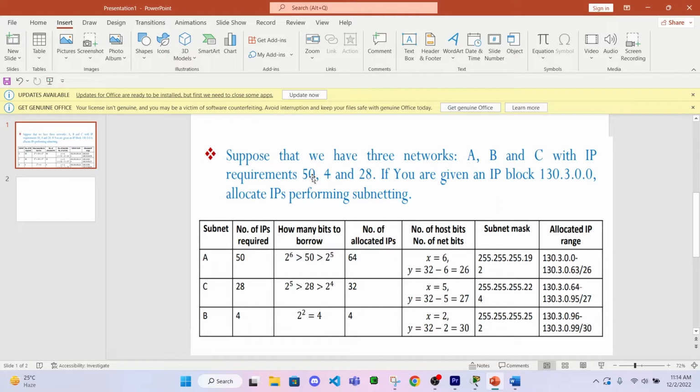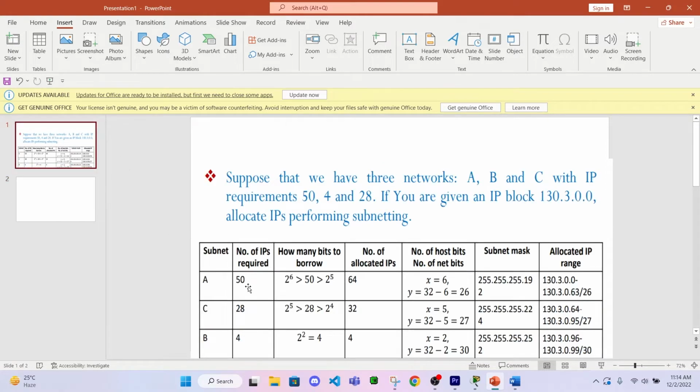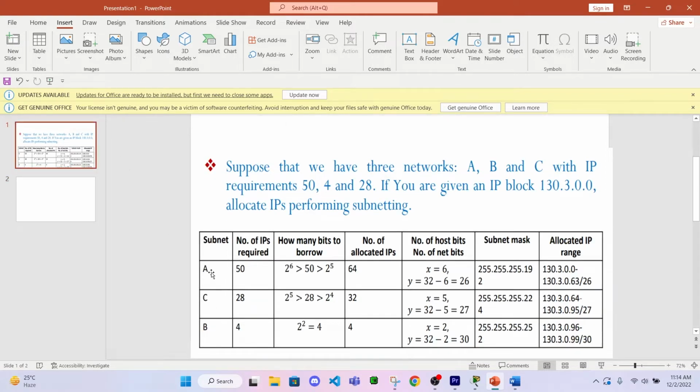That means first we take the value of 50, then 28, since 50 is greater than 28, then 4 comes. So the highest value is 50, then 28, then 4. So we write here 50, 28, 4: A network, then C network, then B network.